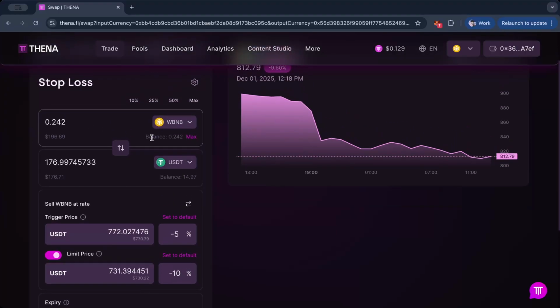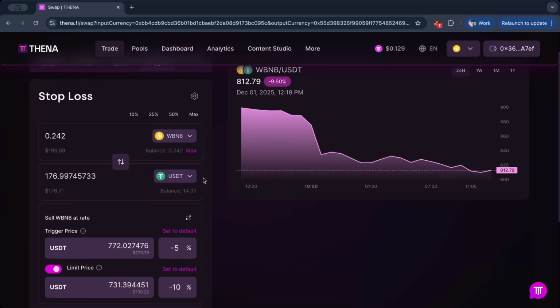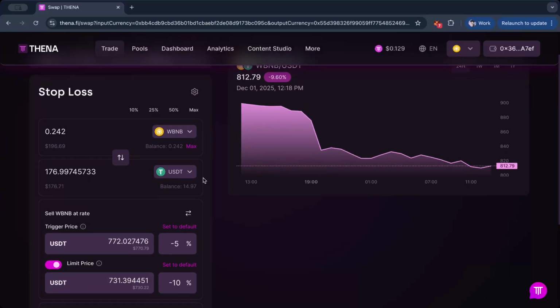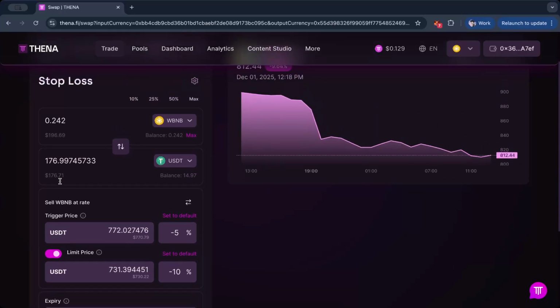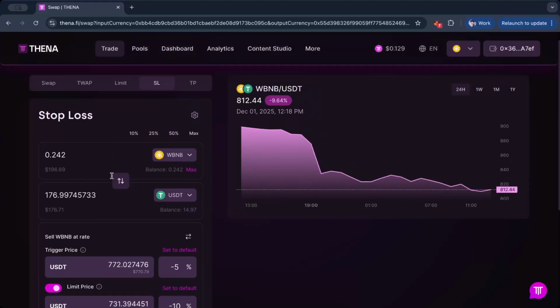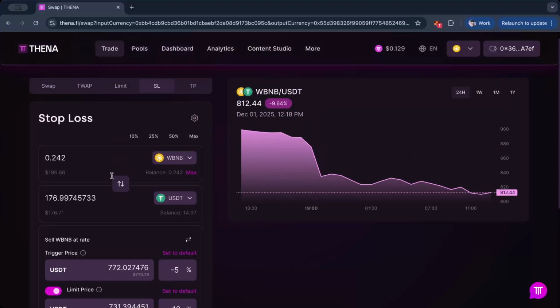But I went ahead and clicked my entire balance, and I want to convert it to USDT. This is my input token, this is my output token. This is identical to what you'd see on a traditional swap page.